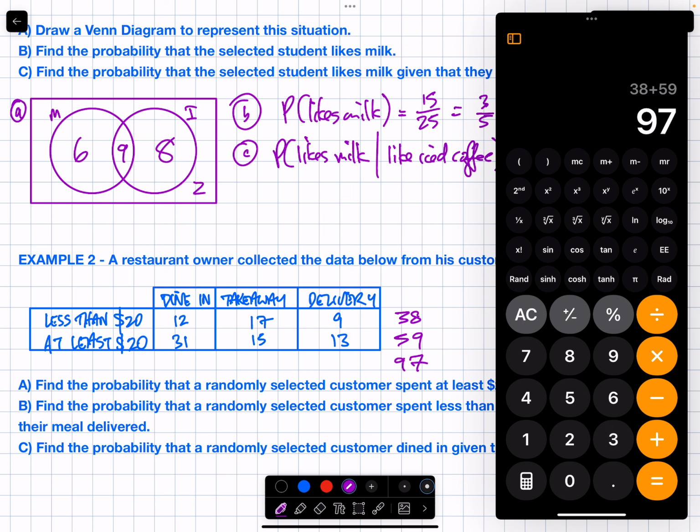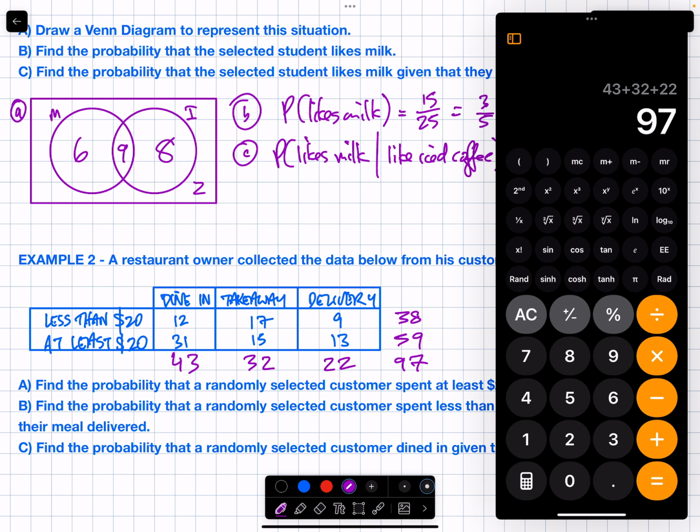But I'm not confident enough yet. I know what I'm doing, but I always like to double check my maths so I can get it right. So if you go vertically as well, 12 and 31 should confirm this column. 17 and 15 should confirm this column, and 9 and 13 should confirm that. And what should these three along the bottom add up to? They should. So always try to double check it.